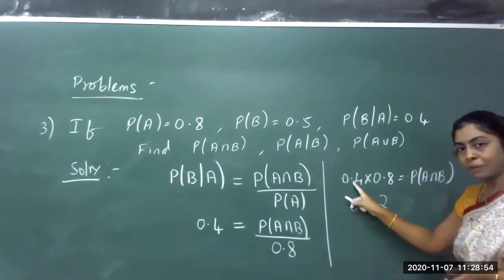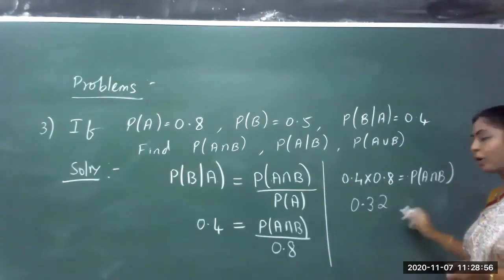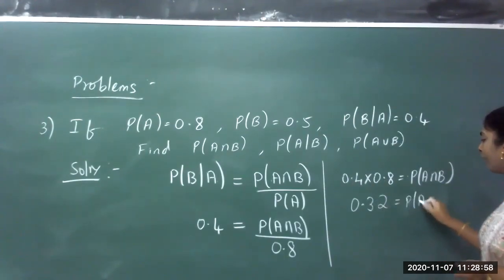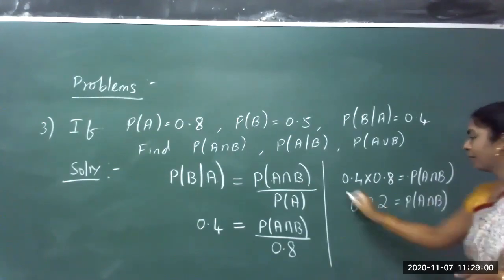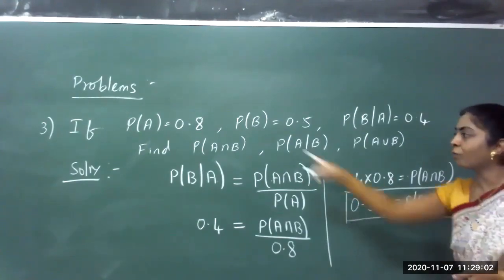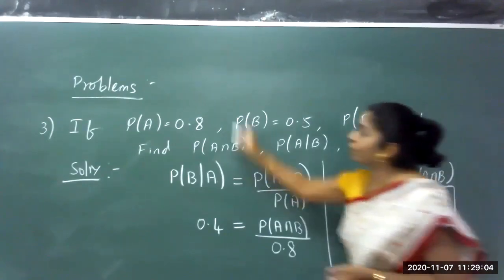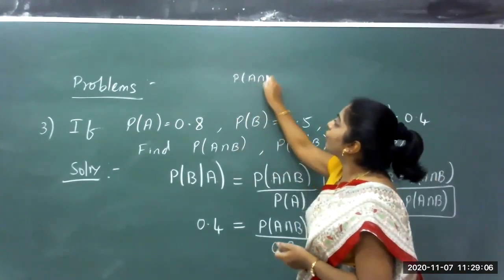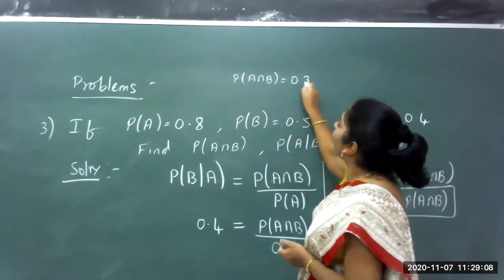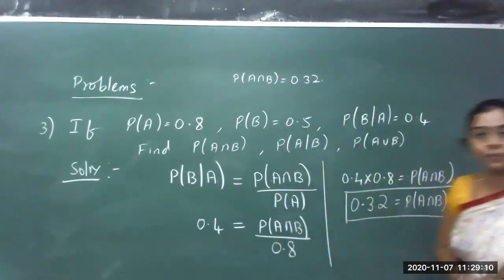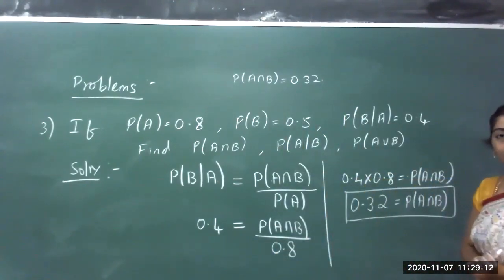I have decimal places here and here, so 0.32 is probability of A intersection B. So the first one we have got is 0.32.